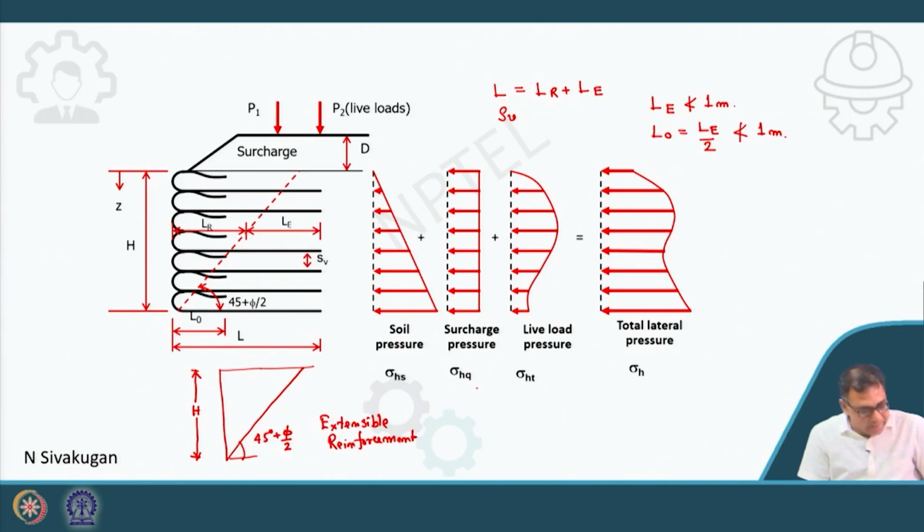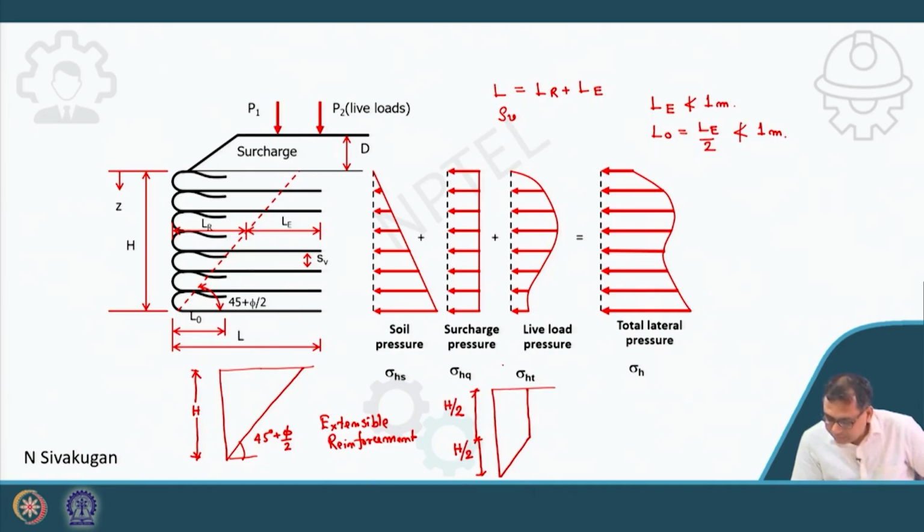Okay. And for inextensible reinforcement, your failure wedge pattern will be something like this. Okay. So, this one is h by 2, this one is h by 2. And the extension of this failure zone is 0.3 h.